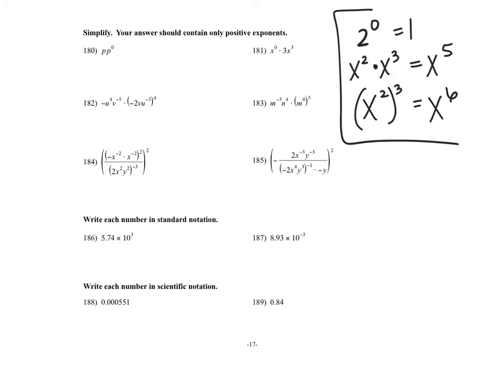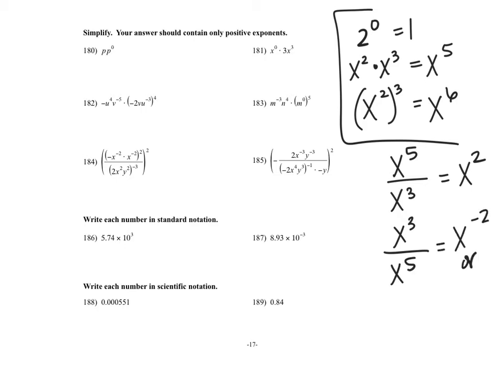So these are a little bit of your rules. Aside from that, if I had x to the 5 over x3, it equals x squared. And if I had x3 over x to the 5, the answer would be x to the negative 2, or 1 over x squared. And these would be your answers.